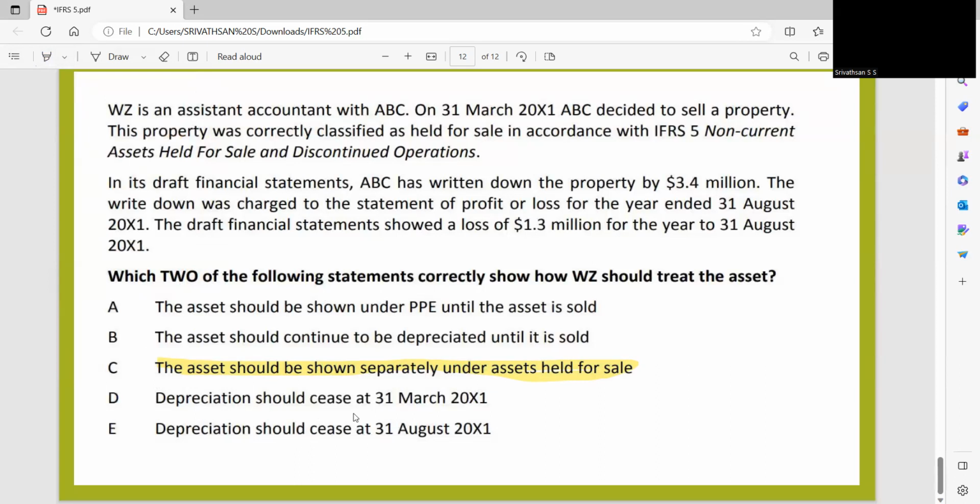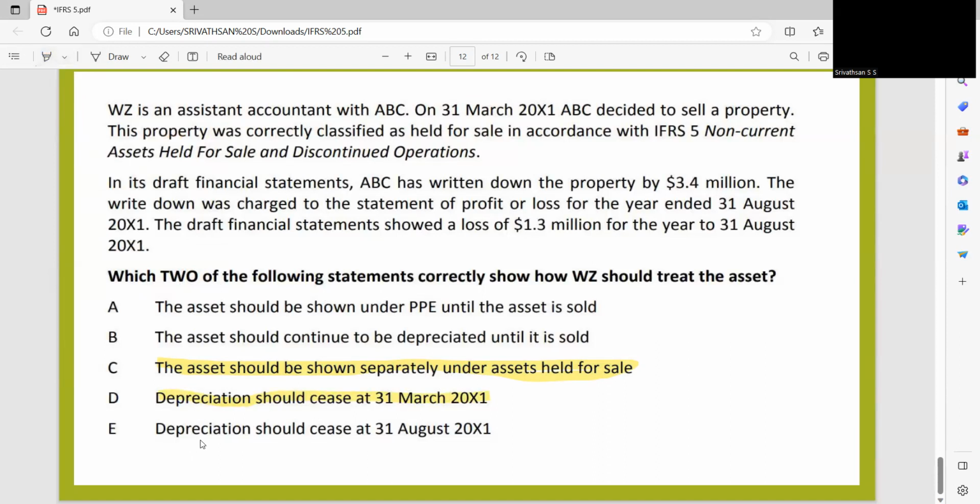Depreciation should cease at 31st March 2011. So this is also correct, because on 31st March 2011, ABC has decided to sell a property. So once an asset has been classified as held for sale, it should not be depreciated anymore. So depreciation should cease at 31st March 2011 itself.